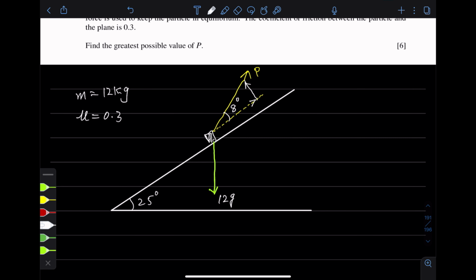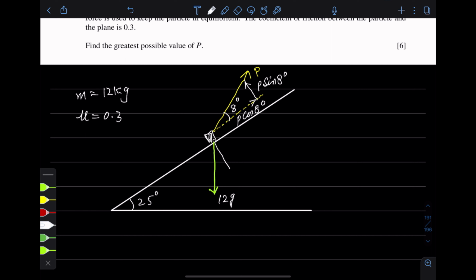So this component will be P sin 8 degrees, and this component will be P cos 8 degrees. In the same way we resolve this weight, one component along the inclined plane, and the second component perpendicular to the plane.